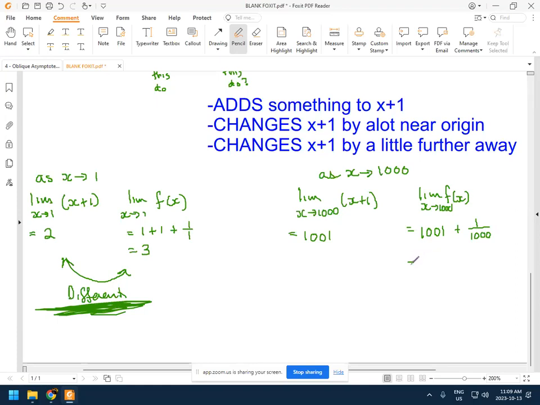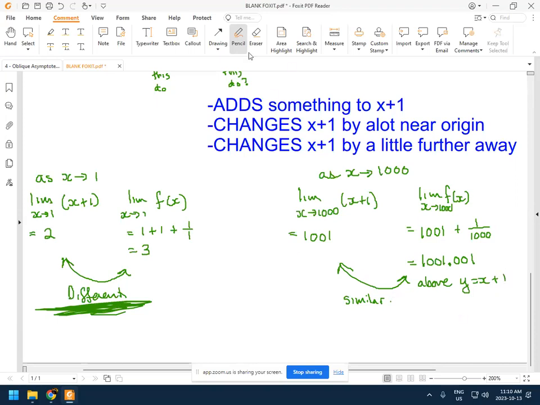Which means it is similar. But this is just above y equals x plus 1, right?